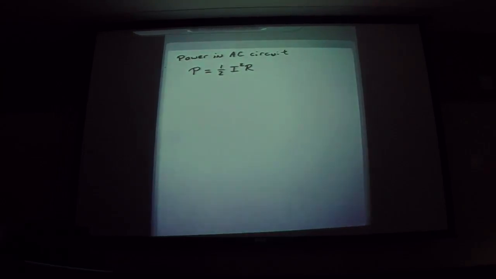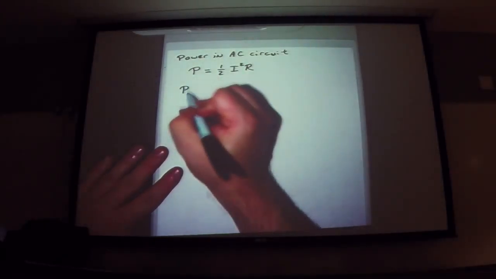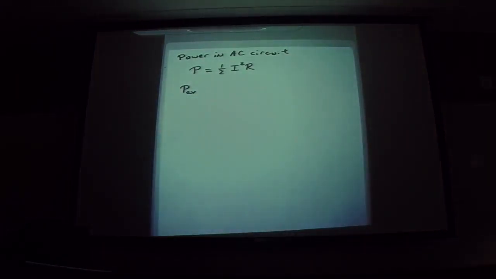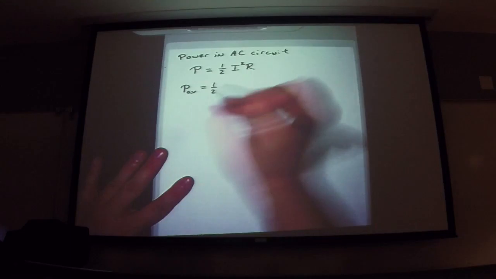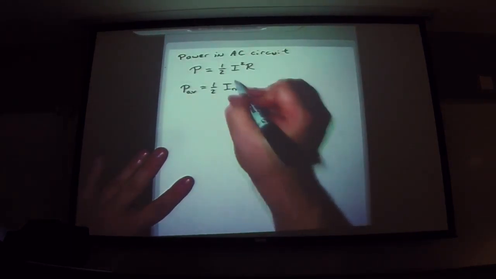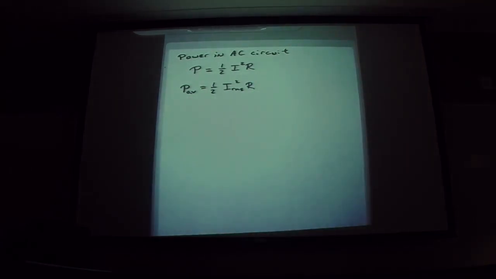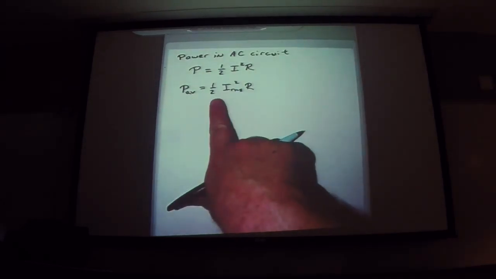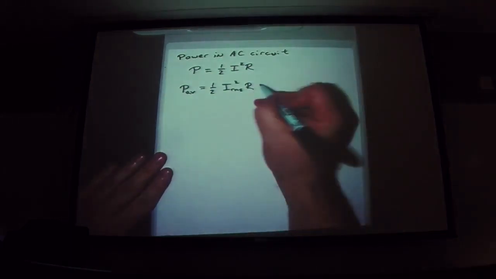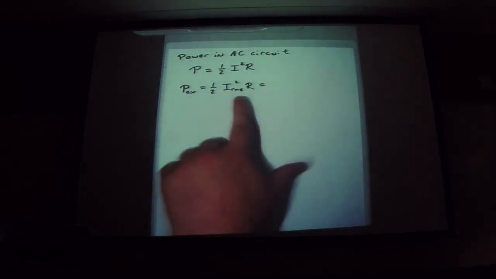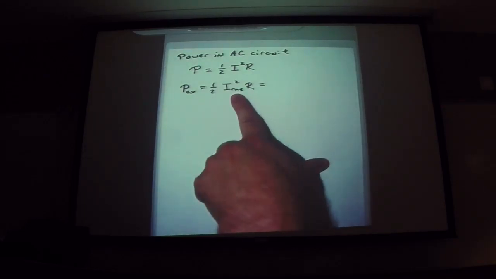Now for this circuit, we can talk about the average power. If we take a look at the pure resistance, the average power output, how we defined it, is the RMS current squared multiplied by the resistance R. This RMS squared is just the maximum current squared divided by 2.